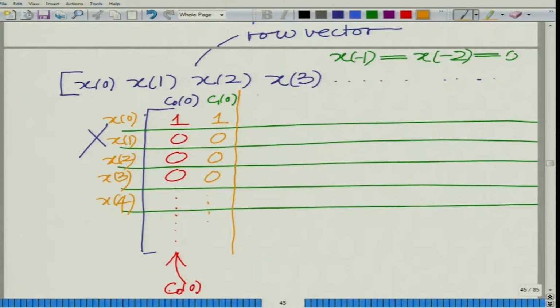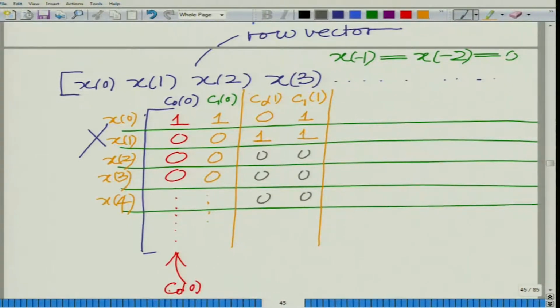Now, similarly, let us look at this for C0 of 1 and C1 of 1. C0 of 1 is simply x of 1 into 1. x of 0 does not enter the picture, so 0, plus x of minus 1, which is 0. C1 of 1 is x1 into 1 plus x0 into 1 plus x of minus 1, which is 0. The rest do not enter the picture, so they are zeros.